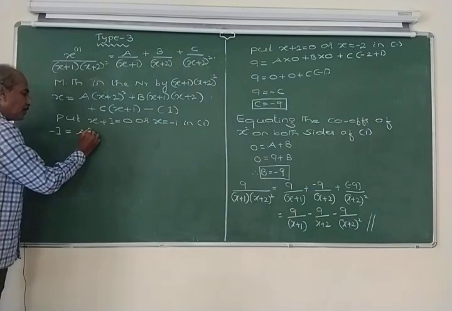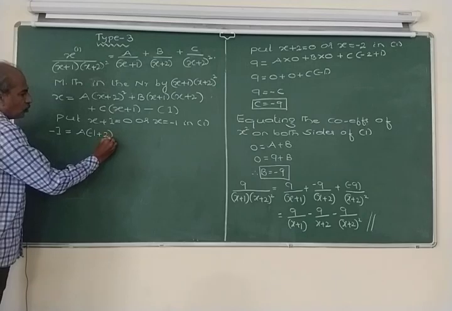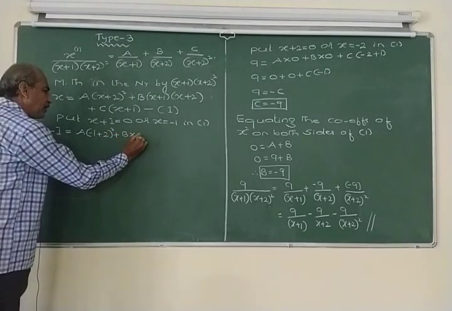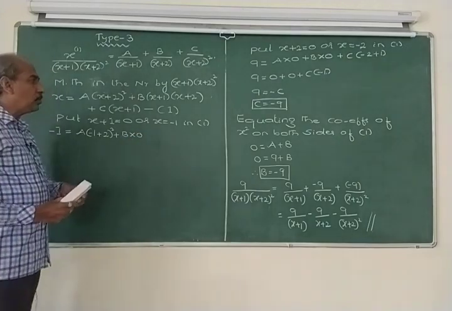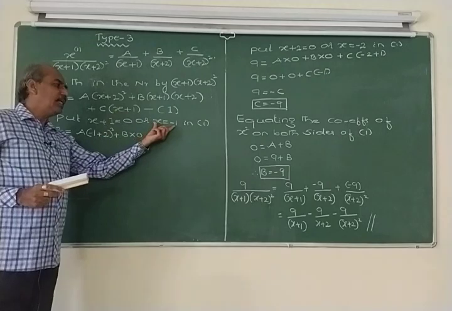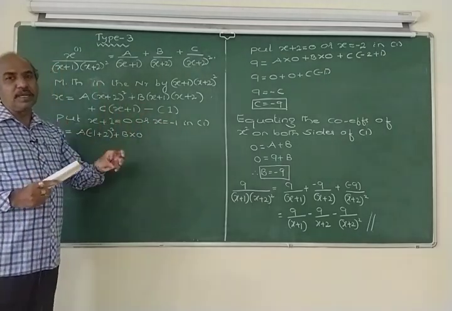Minus 1 is equal to A times the value of x minus 1 plus 2 the whole square. B times it should be 0. Why 0? Here x plus 1 is equal to 0 or x is equal to minus 1 are one and the same.